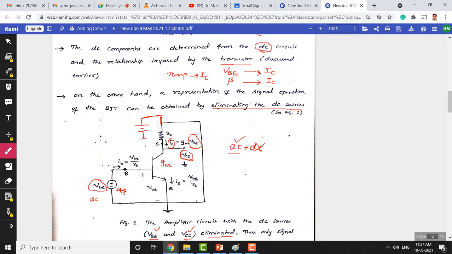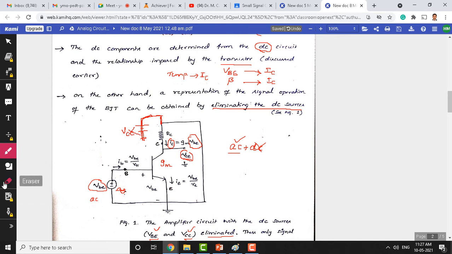In an actual amplifier circuit, we will connect a DC voltage source such as VCC. If you want to draw the AC equivalent circuit, then this DC voltage source must be short circuited. So this DC source gets short circuited and eliminated here.